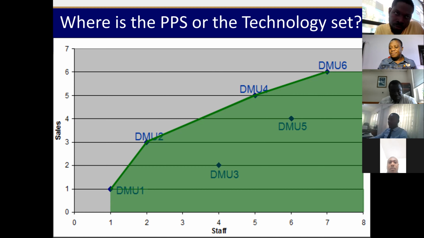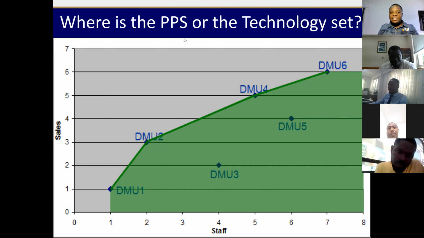Okay, good. Now, I want you to watch the graph carefully. There is a vertical line you can draw, and I'm going to do that here. I can draw a vertical line from DMU1 to the number 1, as you can see here.